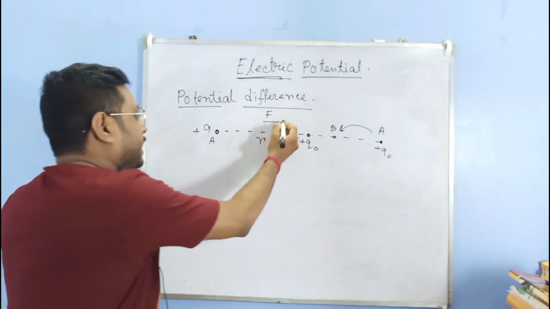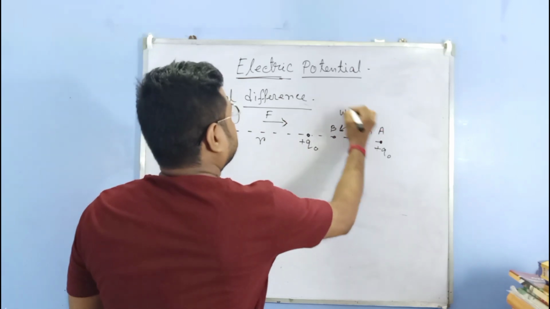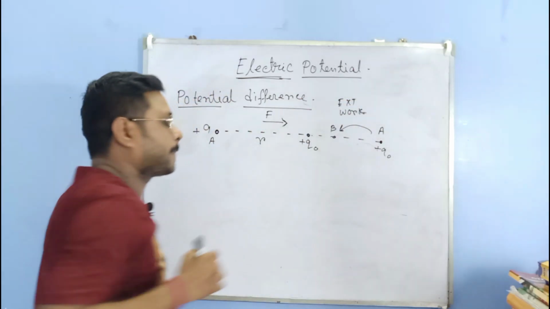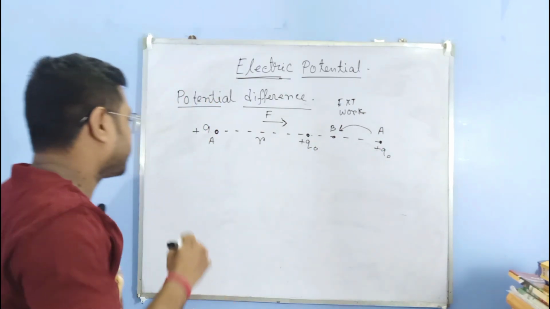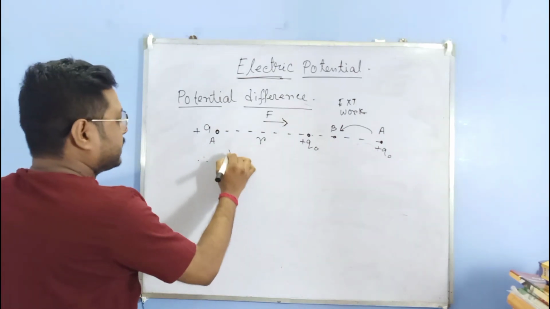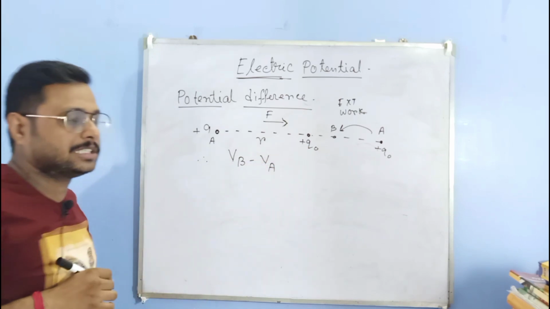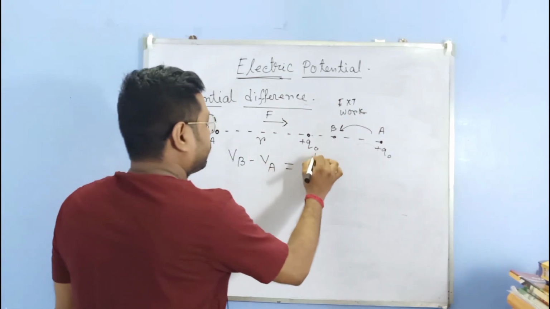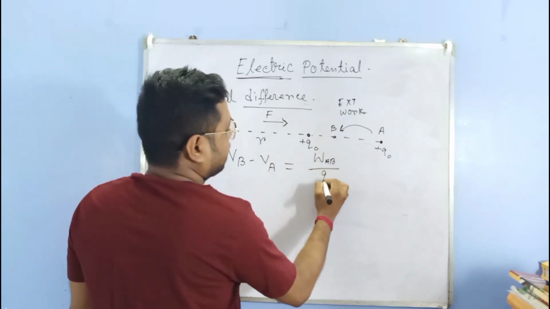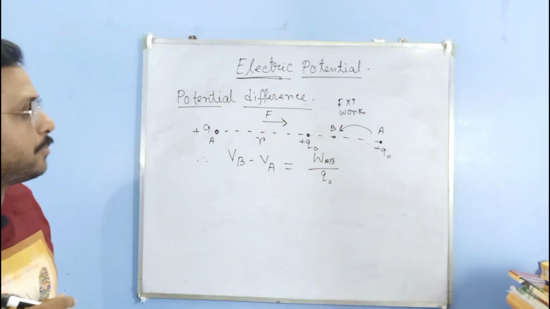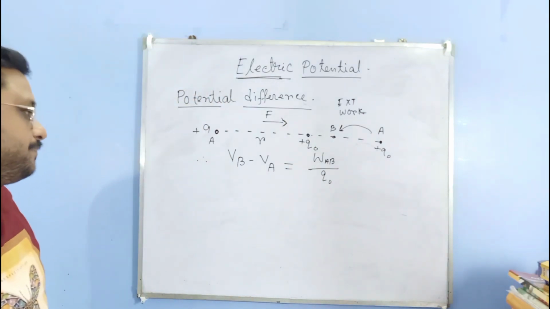So against this force of repulsion we have to do some external work to move the test charge from A to B. So according to the definition, the potential difference of B and A, that is VB minus VA, must be equal to WAB, that is, the work done in moving from A to B, divided by Q0. This is the potential difference between the two points A and B.